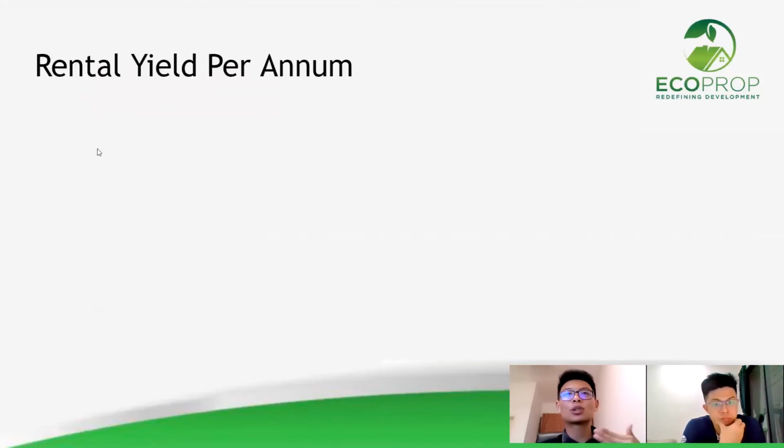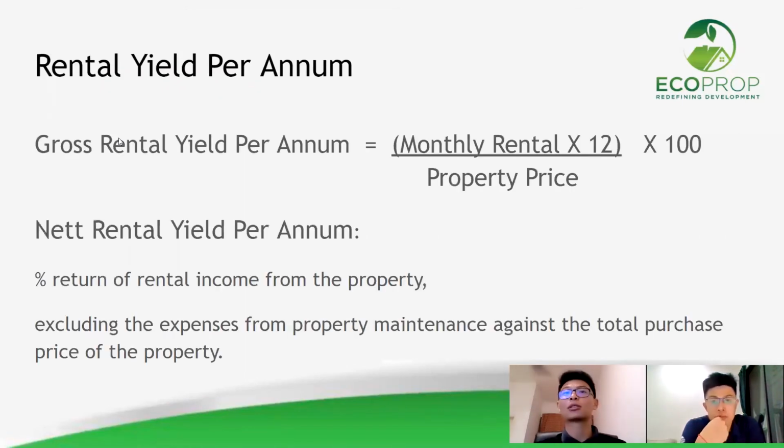There are two very similar calculations, but the formulas are different: the gross rental yield per annum and the net rental yield per annum. The gross rental yield is what Raymond shared just now: monthly rental multiplied by 12 months, divided by the property price. To get the percentage, you multiply by 100.